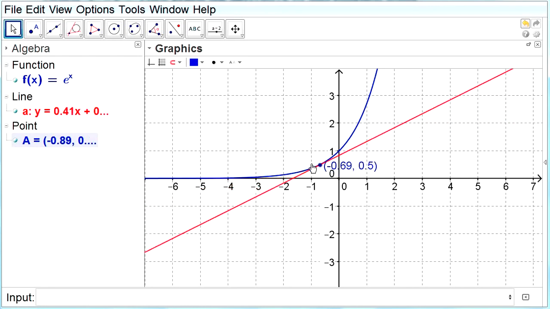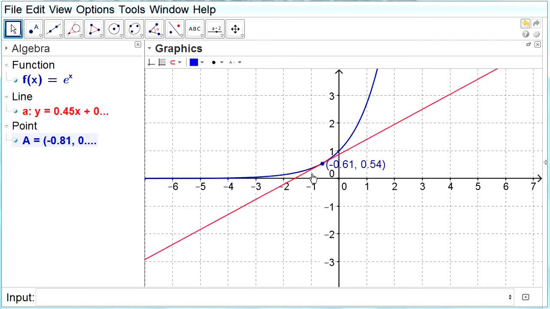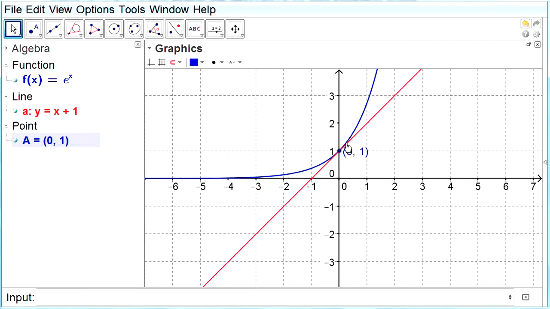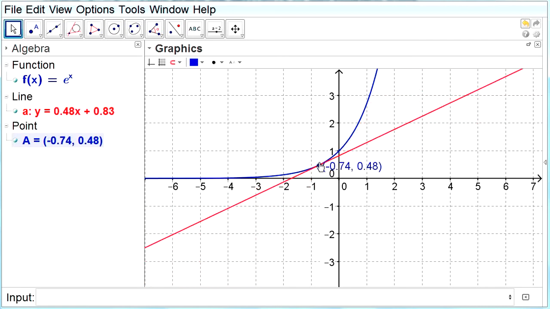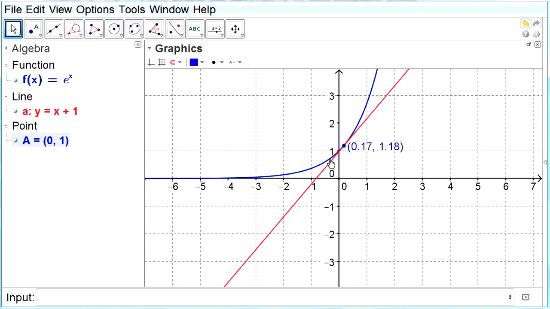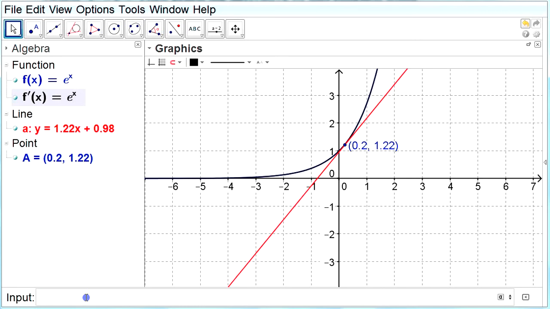Everywhere on this curve, the y value matches that slope. That's an important piece of understanding to have, what it means to say that e to the x is its own derivative. All right, it means the slope of the curve matches that y value anywhere on that curve. You can even put in here f prime x, and it'll graph that right on top of the other curve. The blue, the black, same function.